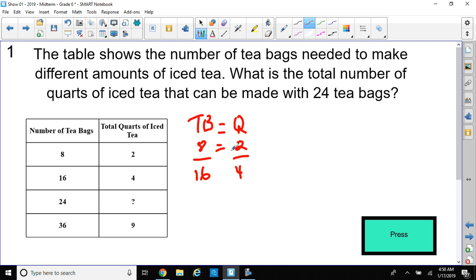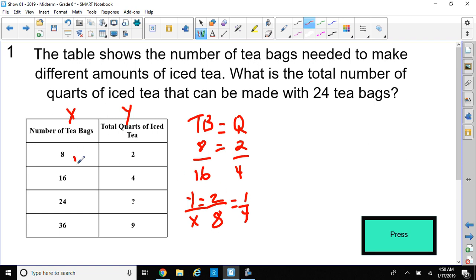So let's see. I'm going to use what we call the unit rate. That's when we divide the number of quarts by the number of tea bags. This would be our y coordinate, and this would be our x coordinate. So we would have 2 over, and this will be our y coordinate, over our x coordinate, over 8. That'll establish the unit rate. So there's a 1/4 unit rate going on here.